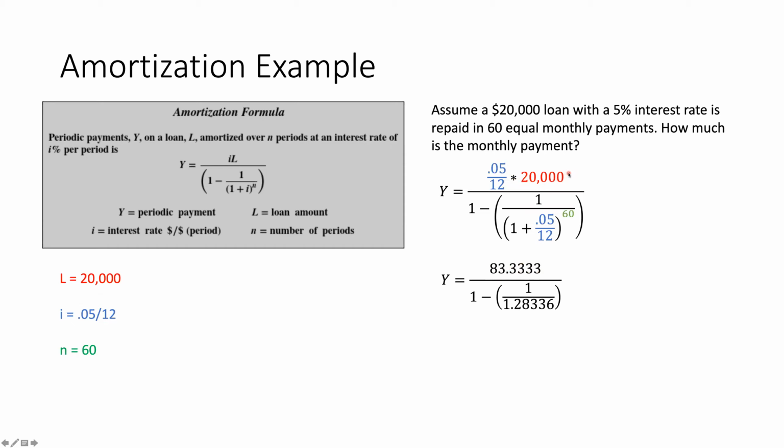Pause the video, take a moment, do that yourself. This number on bottom, this 1.28336, comes from taking 1 plus 0.05 over 12, hit equals, then raise to the 60, hit equals again. Again, take a moment and do that calculation yourself.